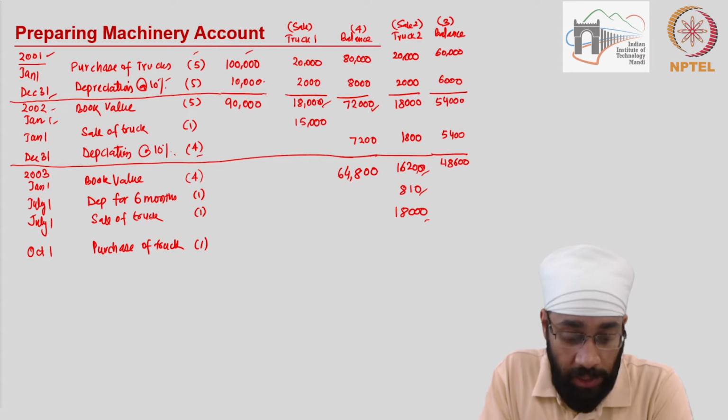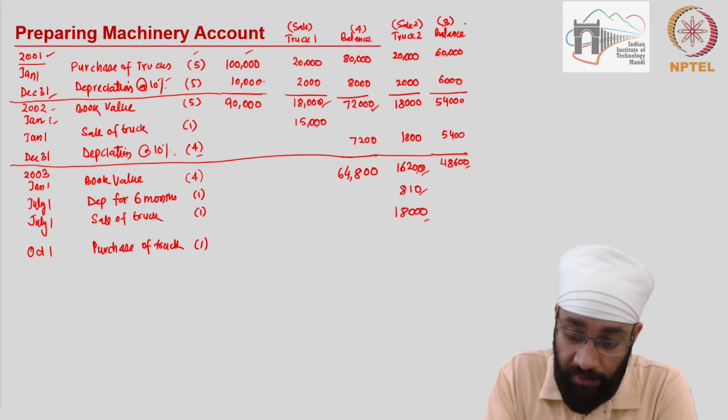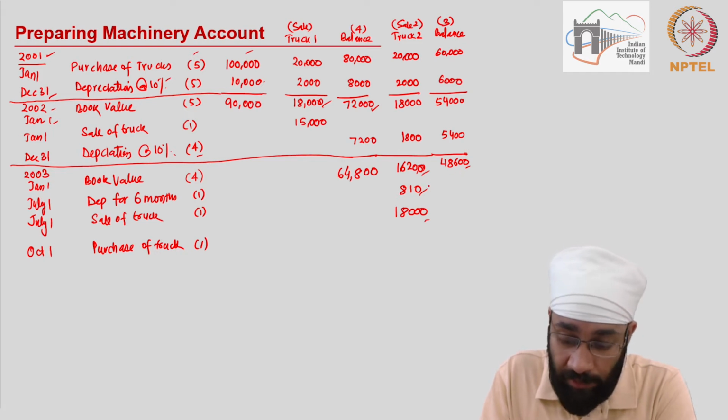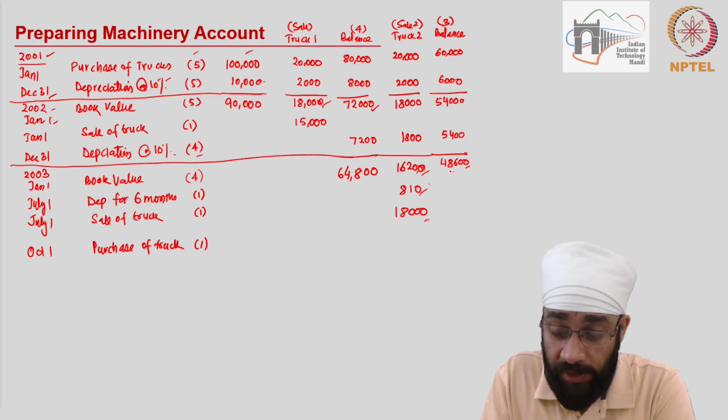That's correct. Now this is the book value of the three trucks which you are left with. Now these two transactions are happening in the middle of the year. Nothing happens to this balance here.